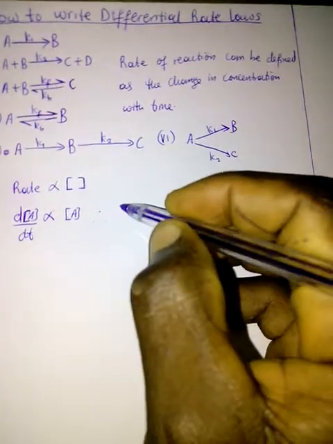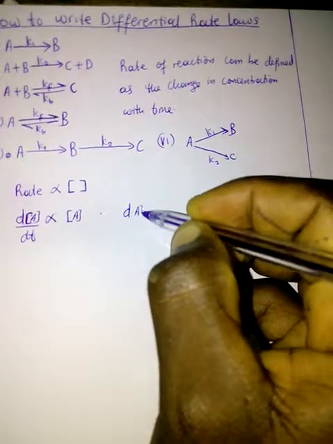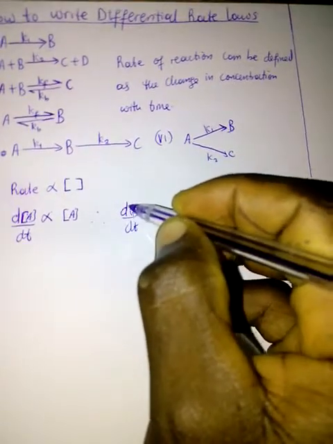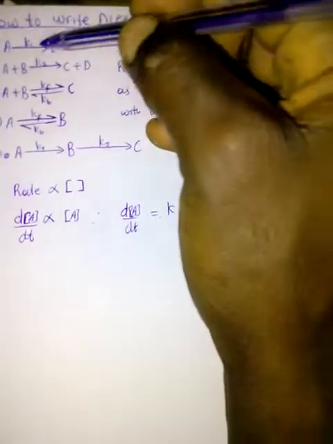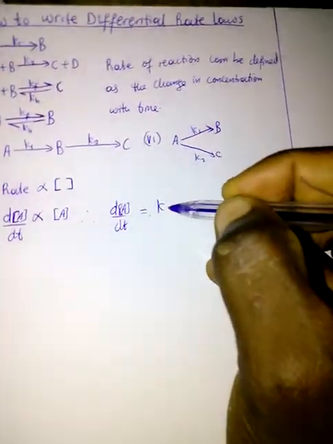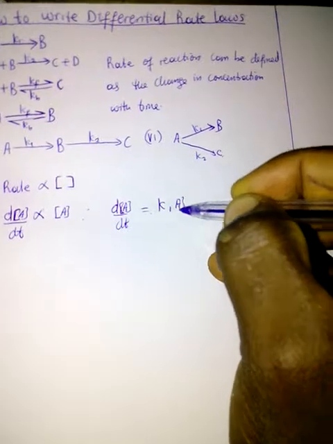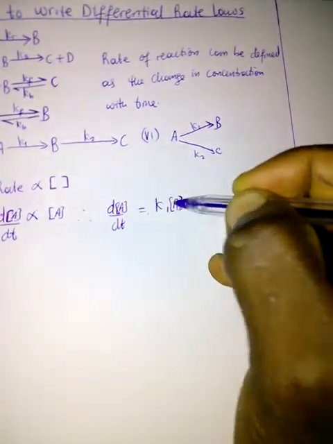Therefore, our rate, which is d[A]/dt, equals k1[A]. Forget the bracket.